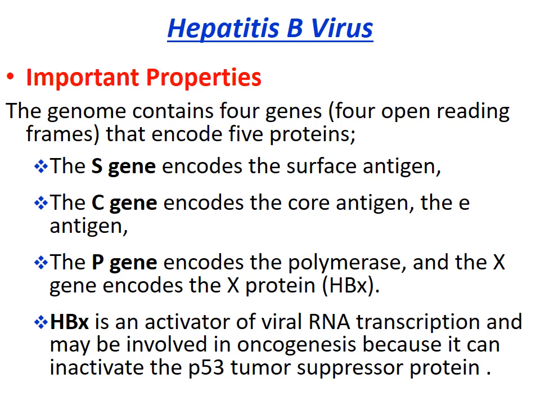Both these antigens, core antigen and E antigen, are present in the core capsid, while the P gene encodes the polymerase and the X gene encodes the X protein. HBx is an activator of viral transcription and may be involved in oncogenesis because it can inactivate the p53 tumor suppressor protein.